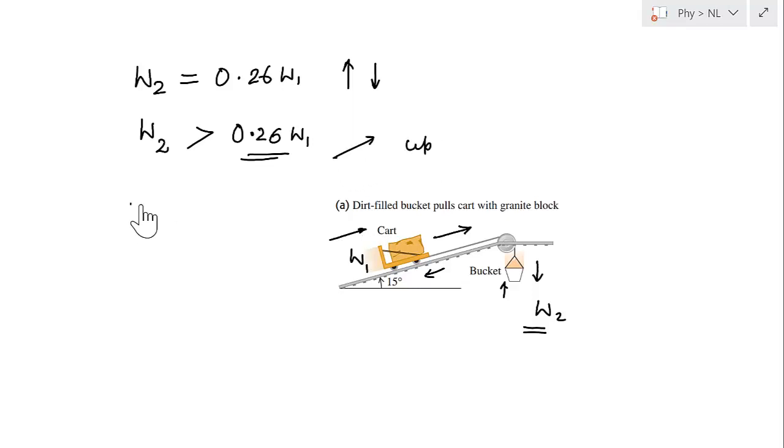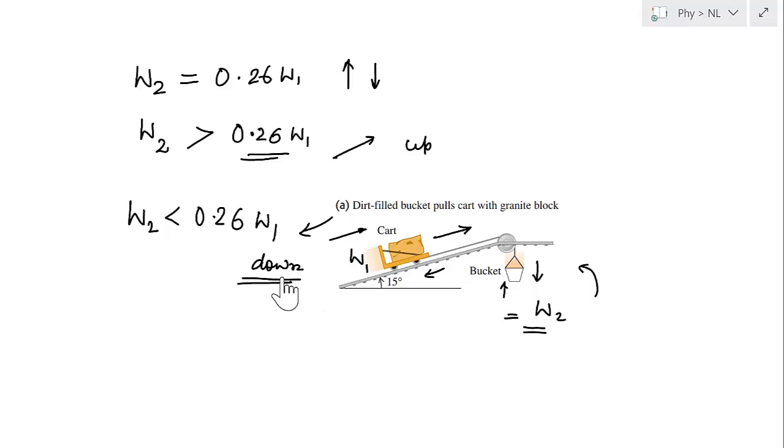Now what will happen if W2 is less than 26% of W1? This time this side is lighter, and this whole system will move in this direction, and the cart will go in the downward direction.